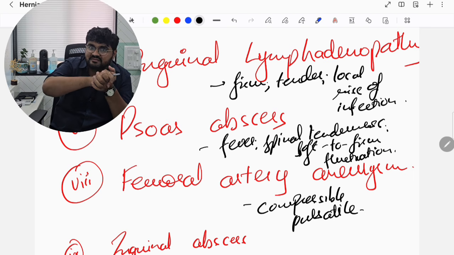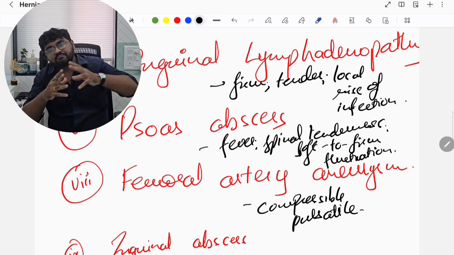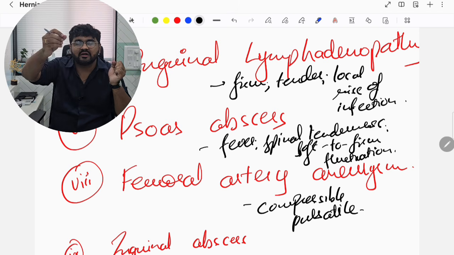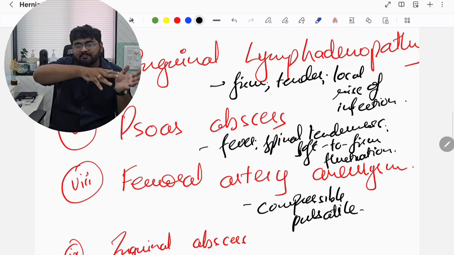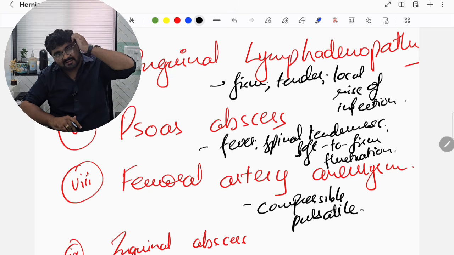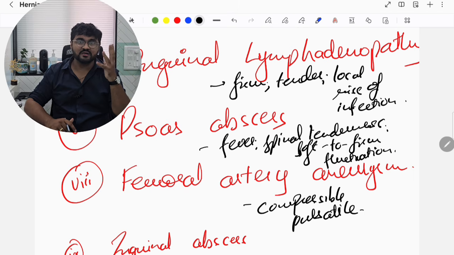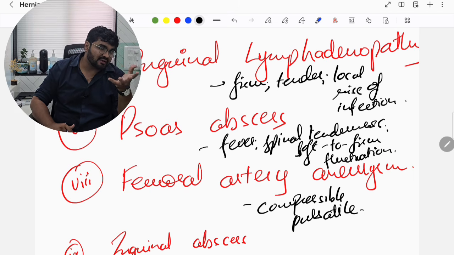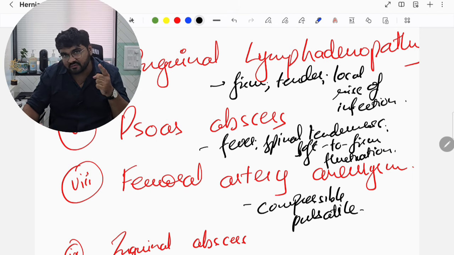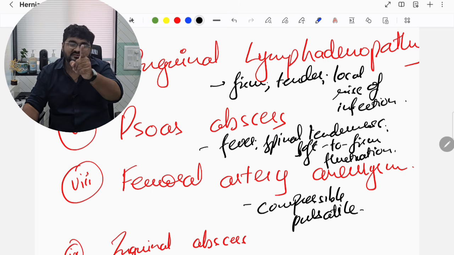Sigmoid diverticular disease was there, which was inflamed, and that inflammation had ruptured, causing pus in the pelvis. So there was a pelvic abscess, a Hinchey classification 2, and this pelvic abscess came down in the inguinal region and presented as an abscess. So this was a rare diagnosis, but it was there. So inguinal abscess, secondary to pelvic abscess, secondary to sigmoid diverticulitis.